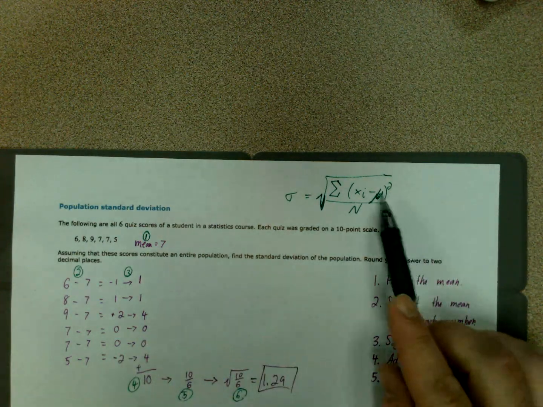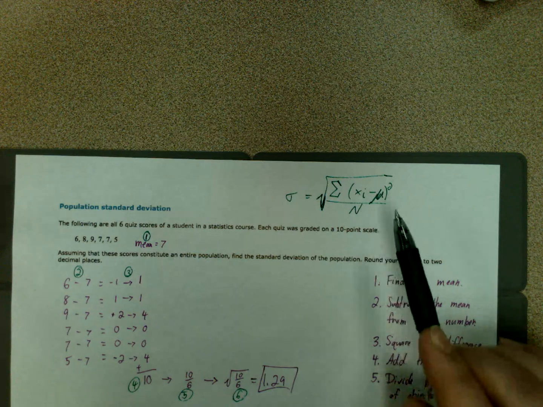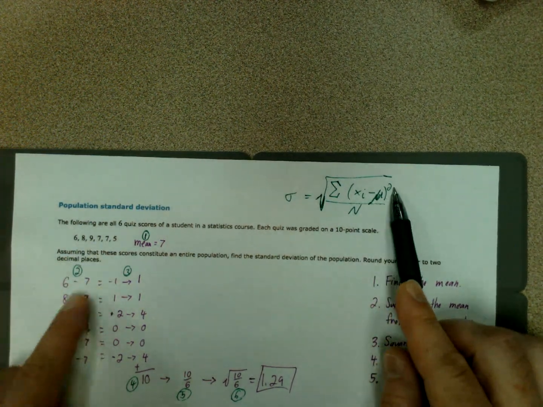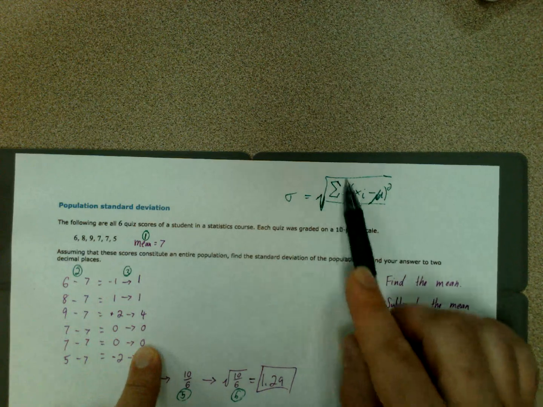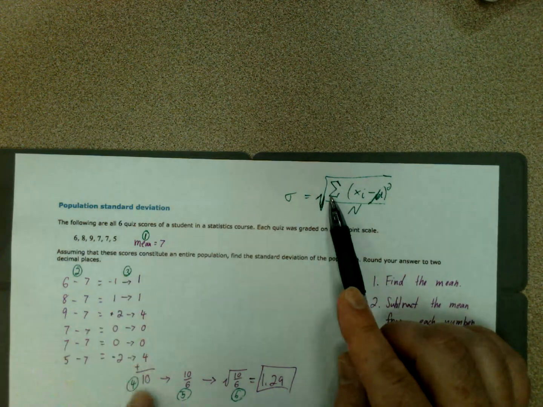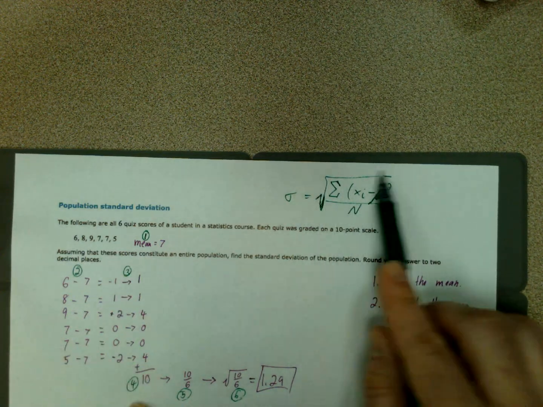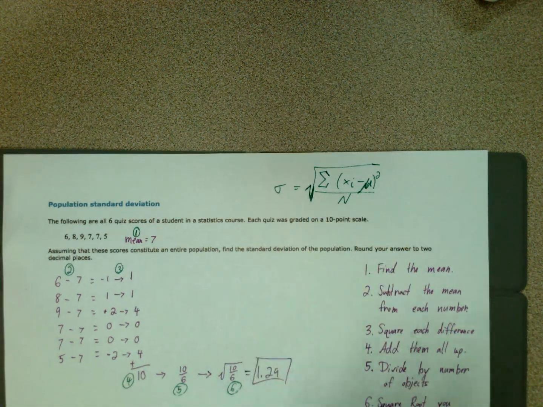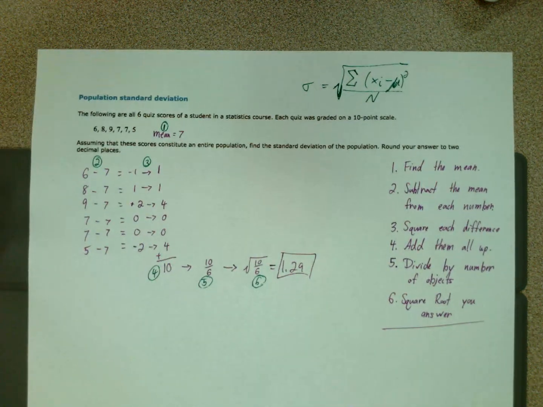It's pretty much what we did. It just looks crazy with all the symbols. So take each number, subtract the mean from it, square all of those. This symbol is a summation symbol, so add them all up, divide by n, take the square root, and you get the standard deviation. Told you, looks crazy, not as bad as it looks. It's just entirely symbolic, which is a little bit intimidating.